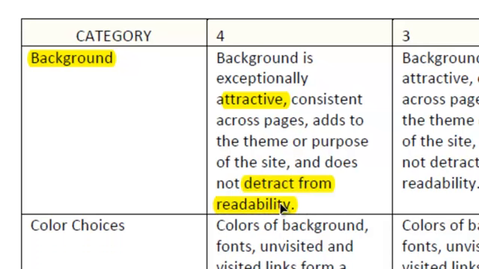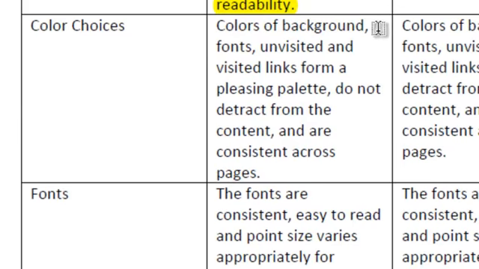You want to make sure that you can read your font and your information. Colors. Colors for the background, fonts, unvisited, and visited link must be pleasing to the palette. They do not detract from the content, and they're consistent.